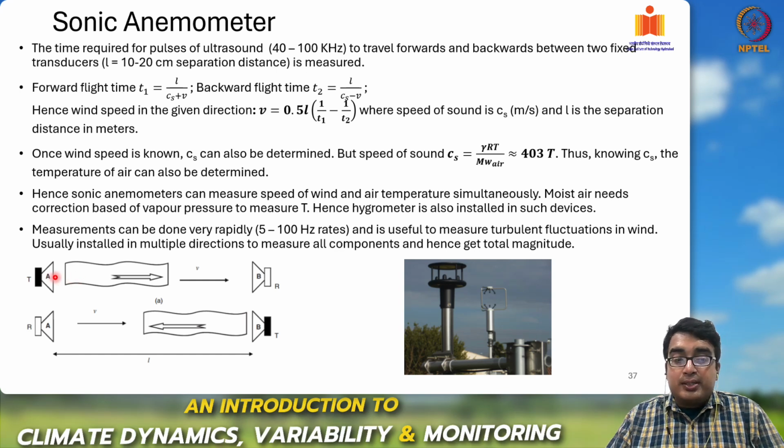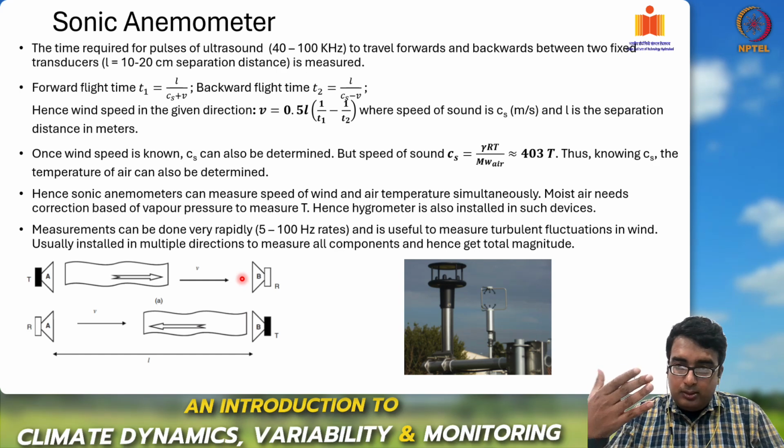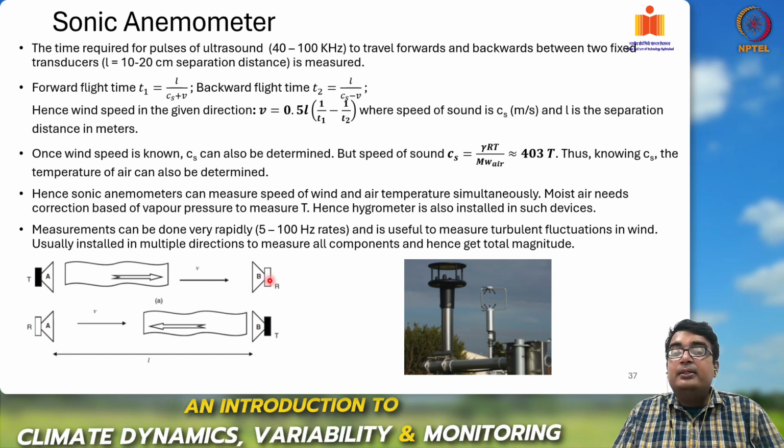Alright, so the sound hits this receiver where this receiver detects when the sound is hitting this sensor B, but also the sensor B reflects the sound back towards the emitter A. And then the emitter A also has a receiver which detects when the reflected sound comes back to the source.